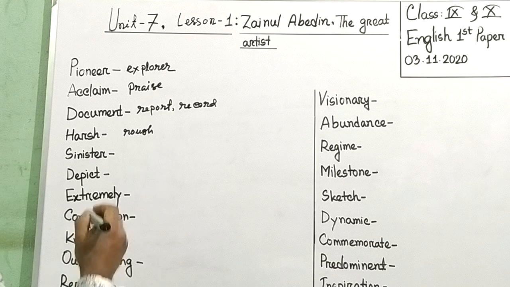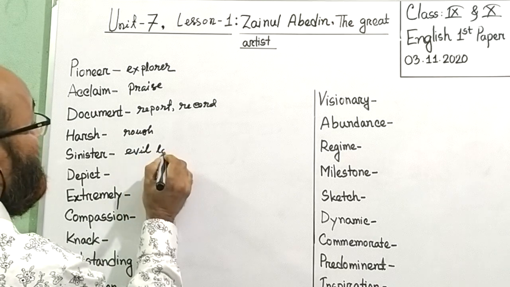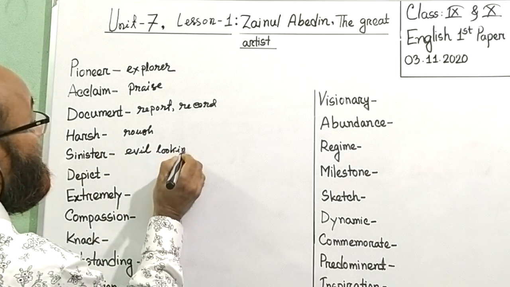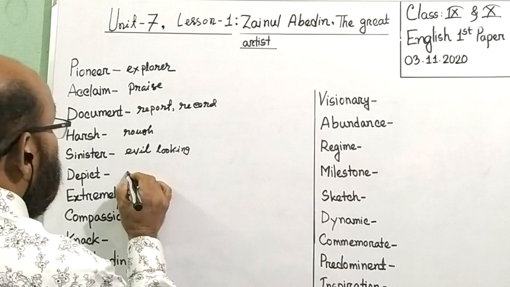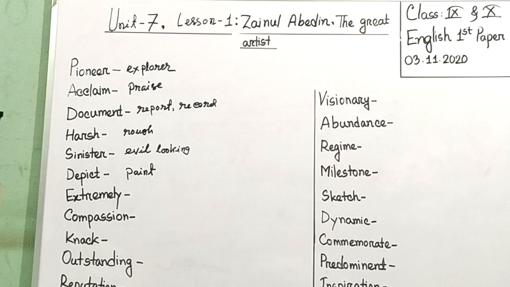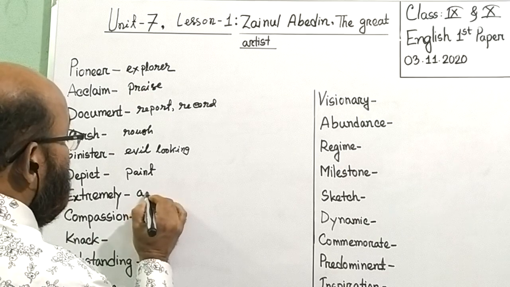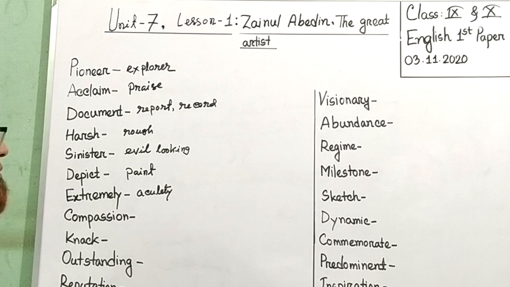Sinister means evil looking. Depict means paint. Extremely means acutely, severely, etc.